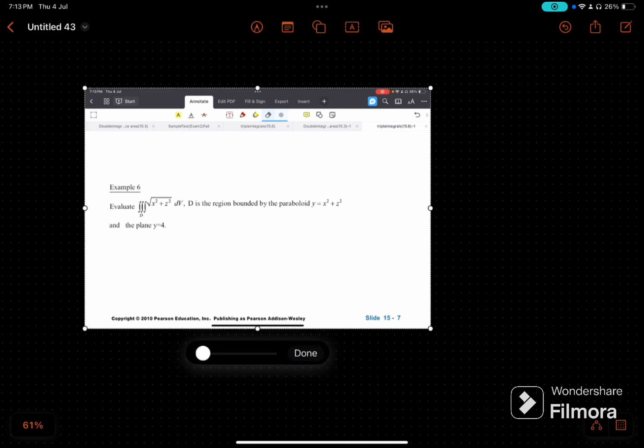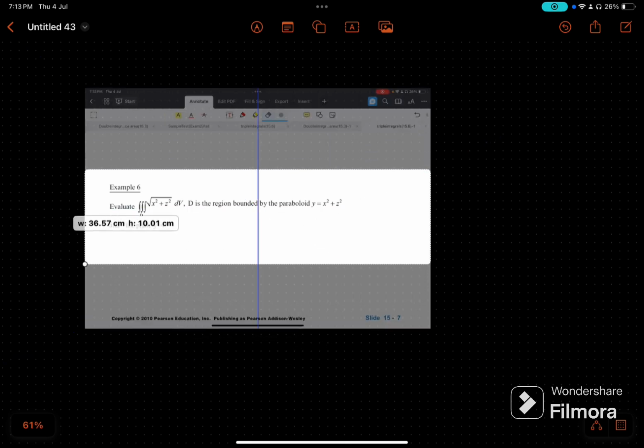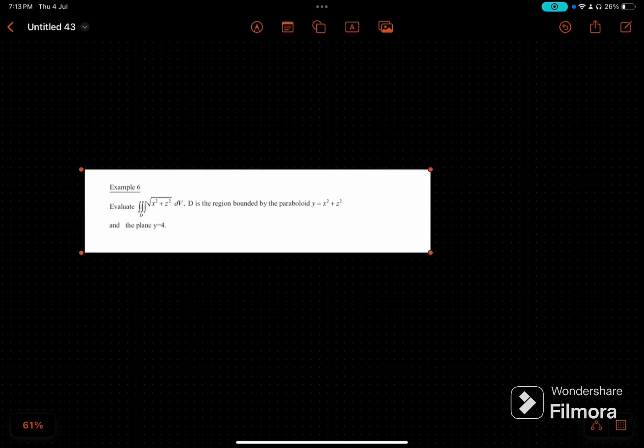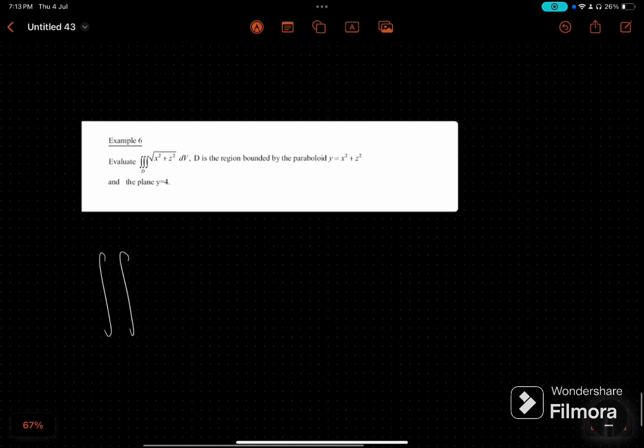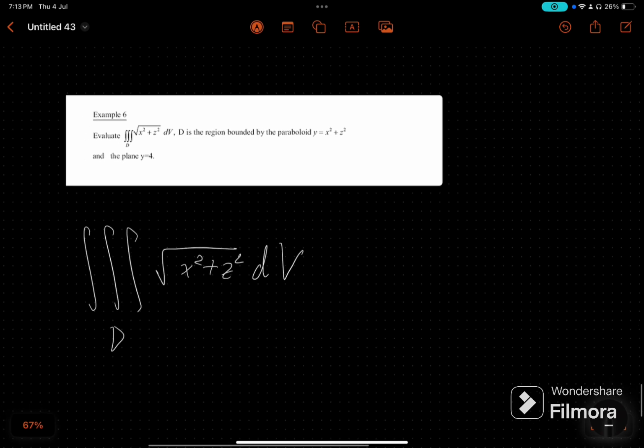Crop. Now I'm gonna do this way faster, so try to catch up with me. Integral of square root of x squared plus z squared dV. And we have y equals x squared plus z squared, y equals 4.